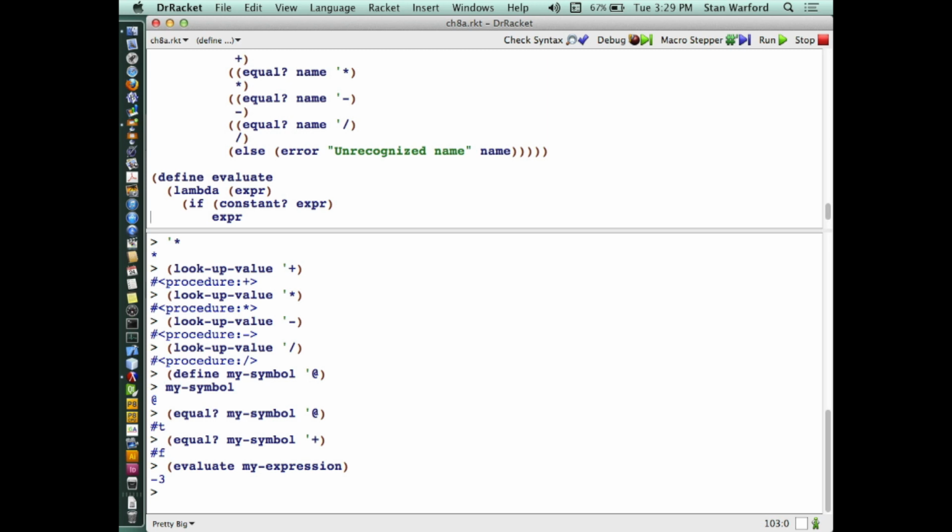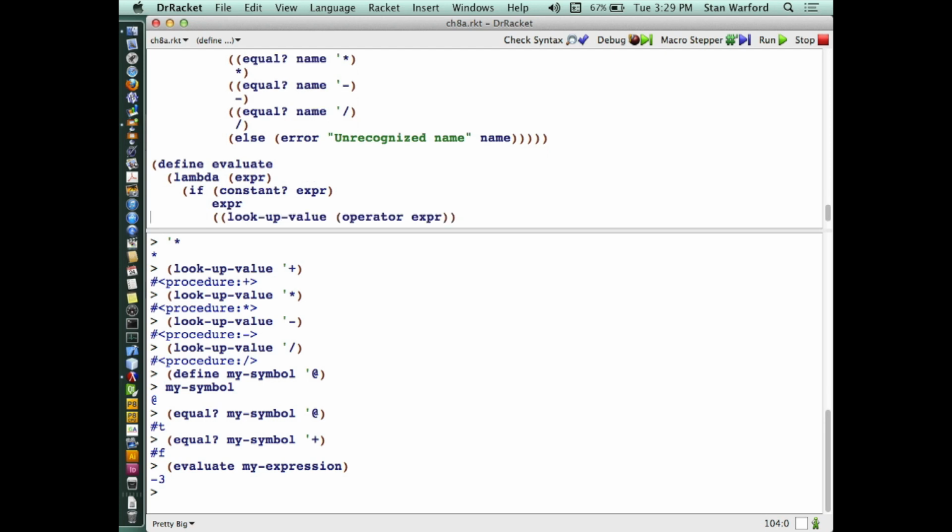So what's coming up next? Operator. But what operator returns is the name of the procedure. So what do we have to do?